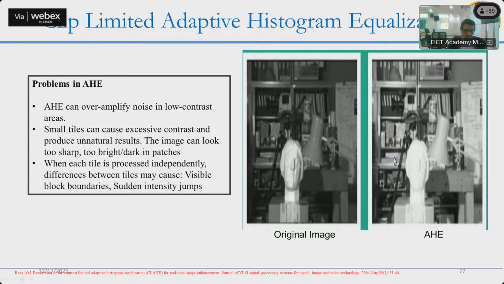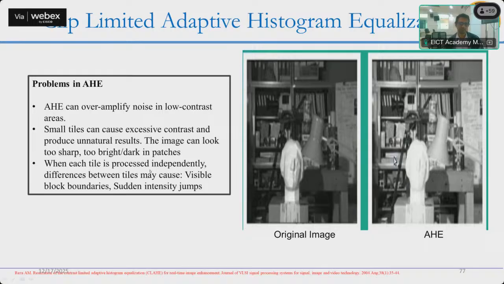So small tiles can cause excessive contrast and produce unnatural results. The image can look too sharp or too bright. You can see that in the actual scenario with bigger images.